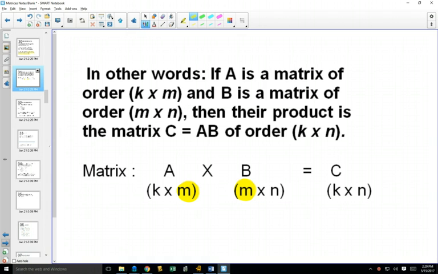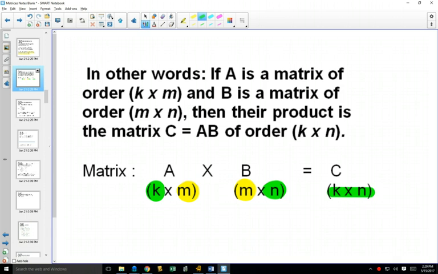If that happens, then the outside values become the size of the answer. So first of all, we're checking if the columns and the rows match up to see if it's possible to multiply. And then, if it is possible, we can use the outside dimensions, the rows of the first matrix and the columns of the second matrix, to find out the order of our answer.